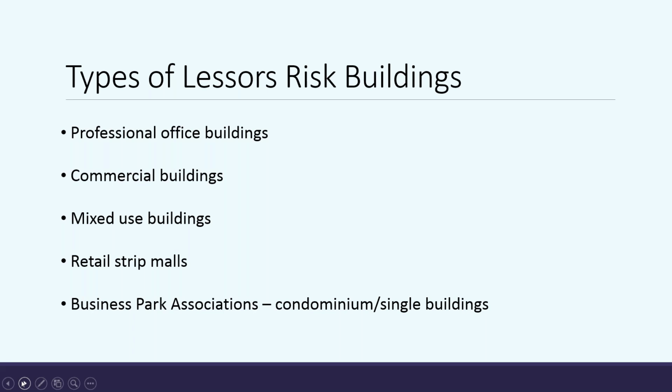The business park association is generally only responsible for the exterior of the building. Then there becomes the interior of the building. If you own a unit in a business park and you rent that out, we can still help you with coverage. It would be considered a commercial condo, which is no problem, and we can insure the interior of that unit for you as a lessor's risk.